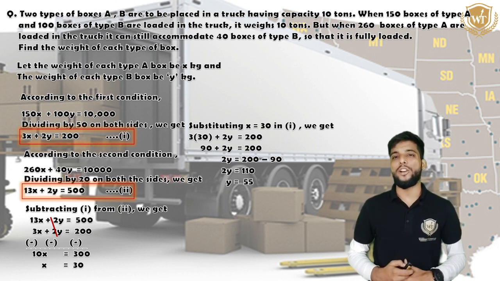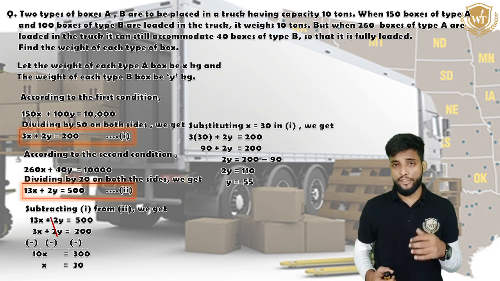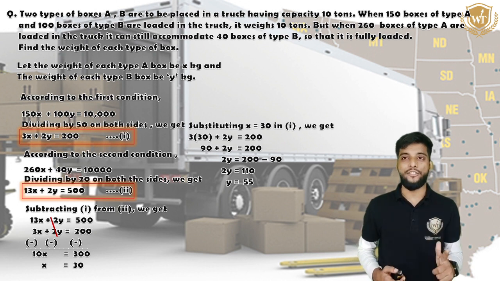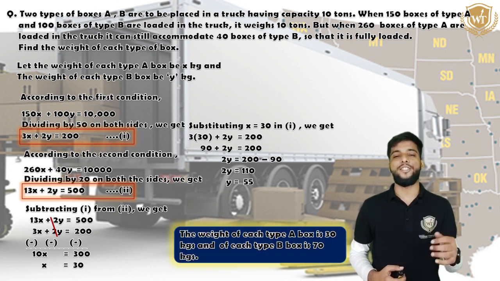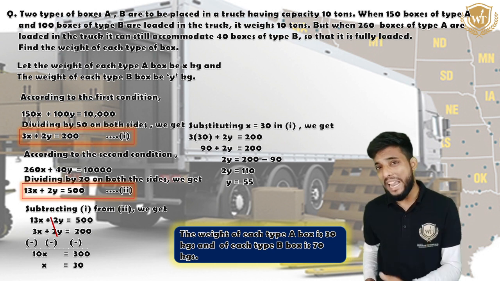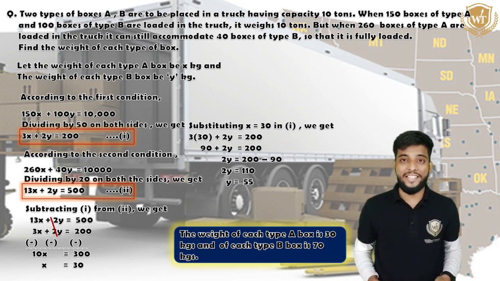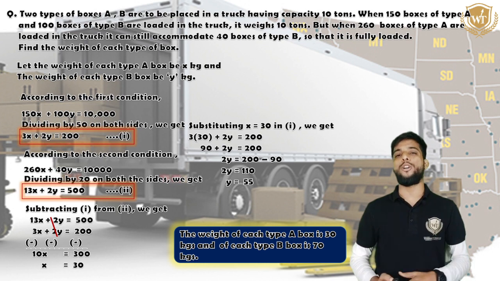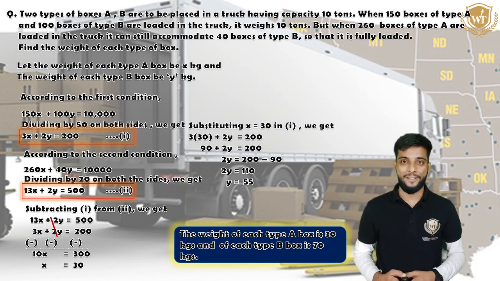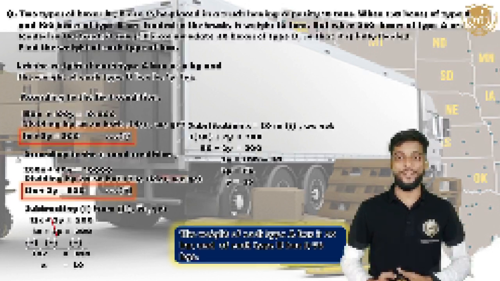So y ka value we are going to get as 55. So we have got the value of x, we have got the value of y. Matlab the final answer, the weight of each type A box is 30 kgs and each type B box is 55 kgs. I hope the sum is clear, students.